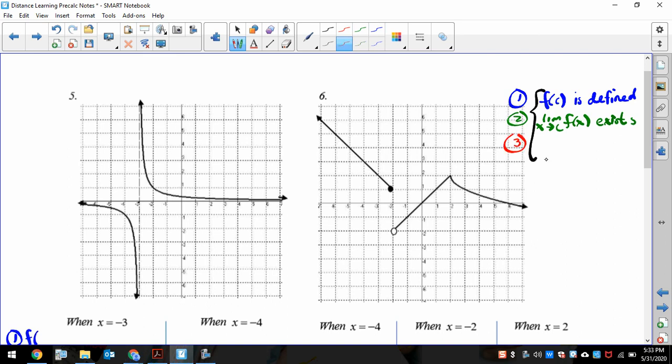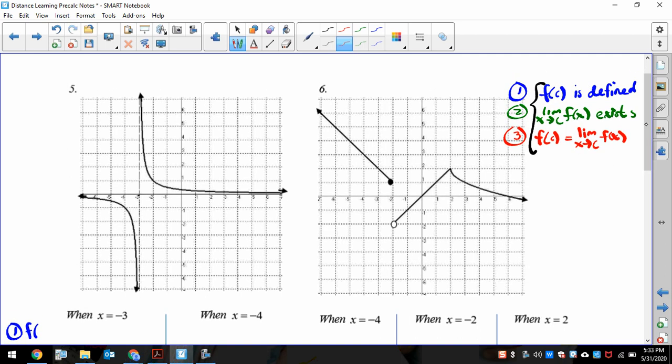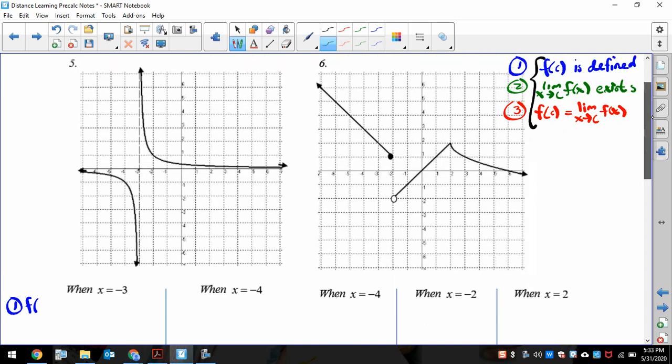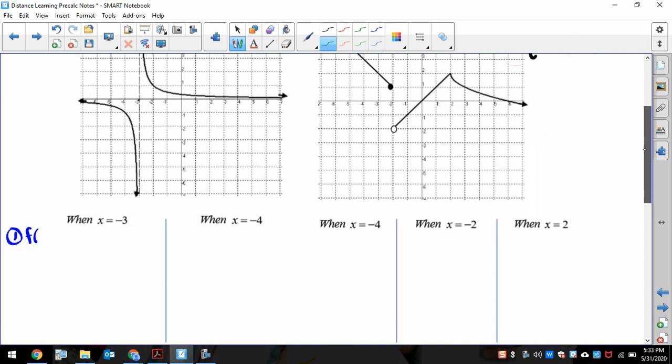And part 3 is not only is it defined, and not only does the limit exist, but they actually meet up at the same place. So this you really want to have memorized, and what I'm going to write above this is just continuity. This is what it means to be continuous. It's defined, the limit exists, and it connects.